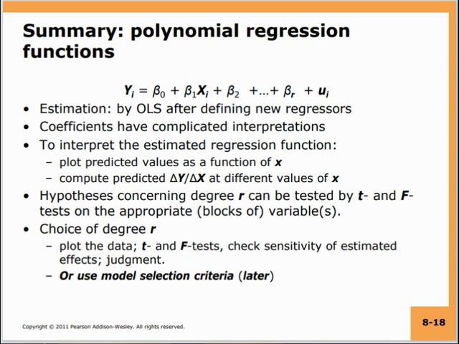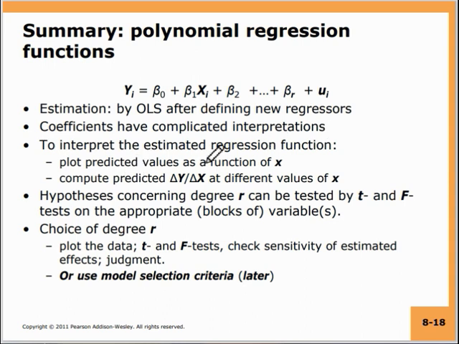So to summarize, for polynomial regression functions, you specify it as you see fit. You include those powers of those independent variables of which you think your dependent variable may be a nonlinear function. You include the quadratic powers or the cubic powers. You estimate by OLS. The coefficients themselves have complicated interpretations.